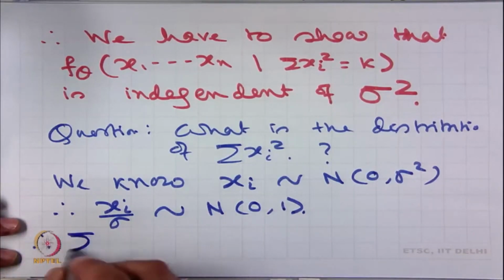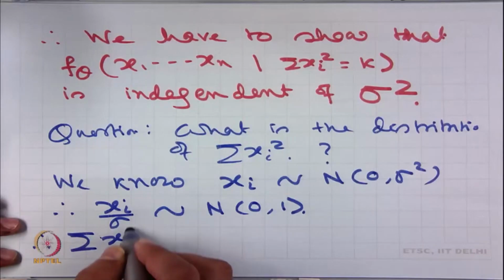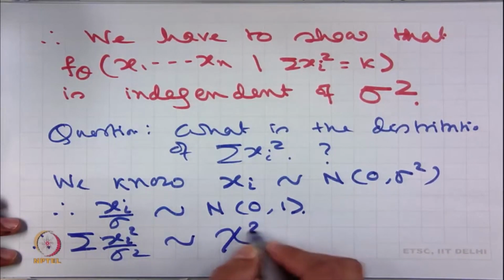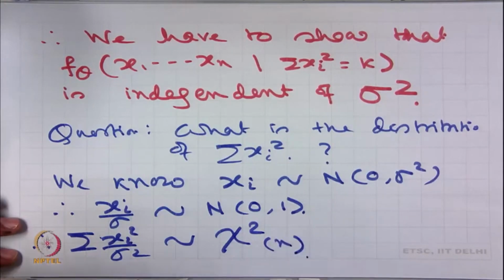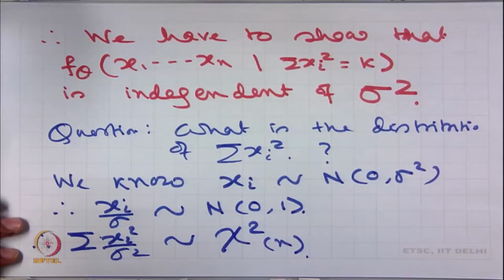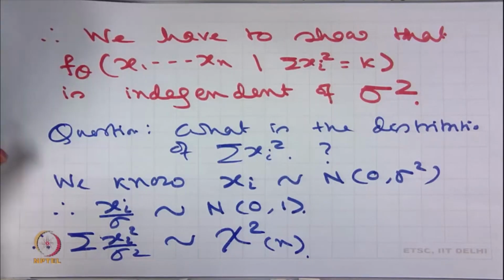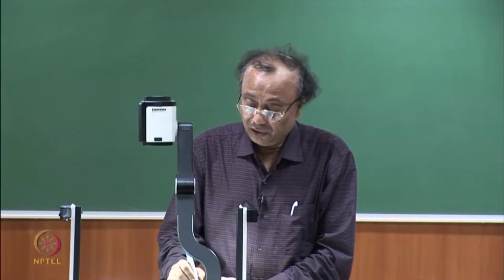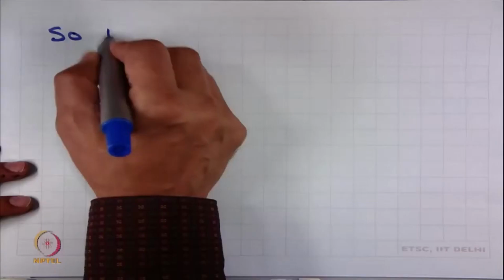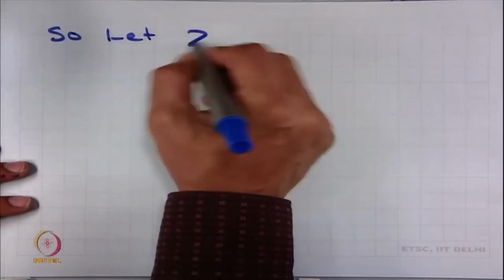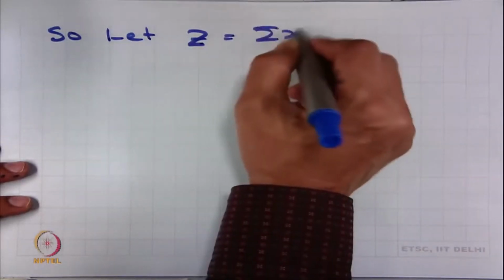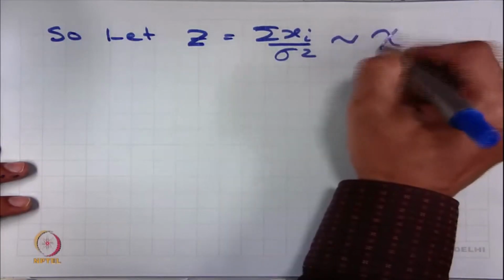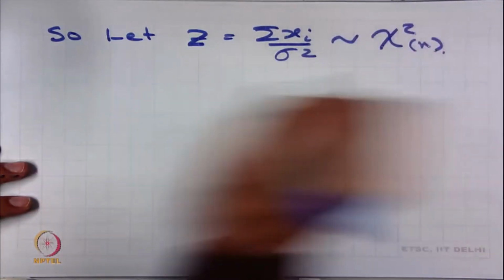Therefore, summation xi square upon sigma square is distributed as chi square with n degrees of freedom. So, let z is equal to summation xi square upon sigma square, which is distributed as chi-square with n degrees of freedom.